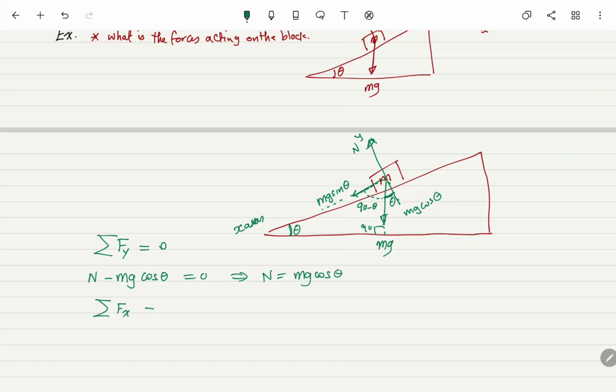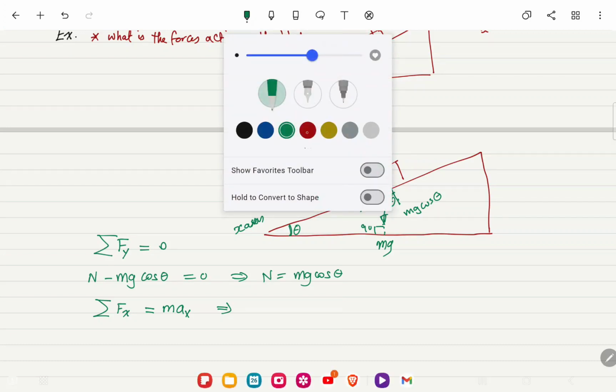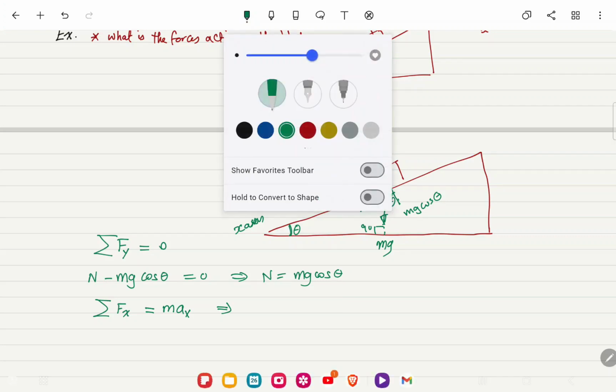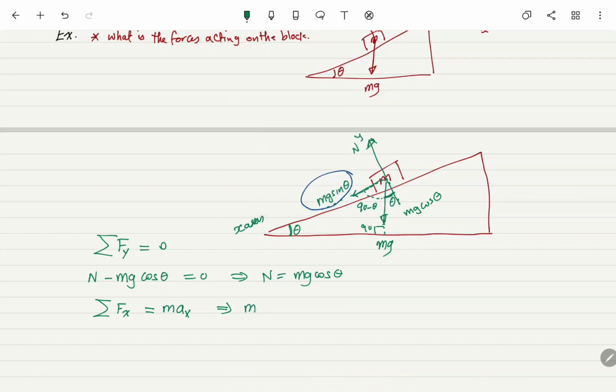The sum of all forces on x equals m a x, which means the only force on x in this case is mg sine theta, the only driving force on x. So mg sine theta equals m a x, or in other words, a x equals g sine theta.